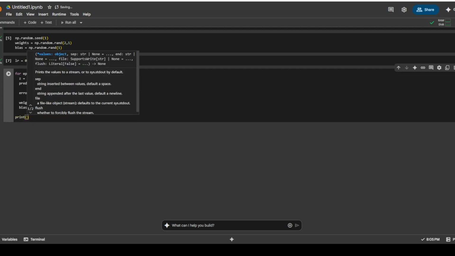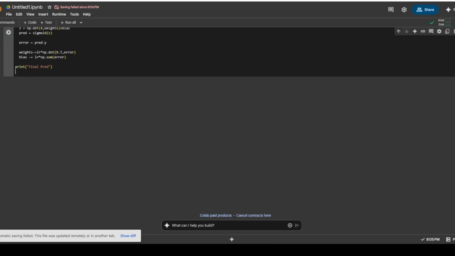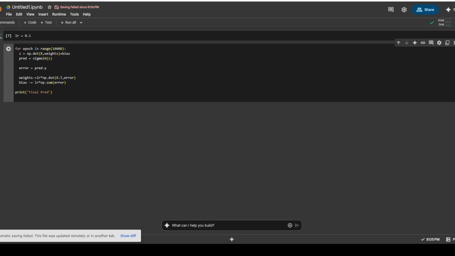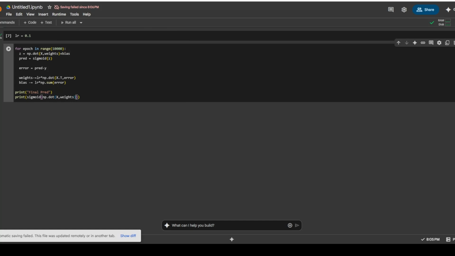Now let's print the final prediction, and now we print the sigmoid of np.dot of our x comma weights plus additional bias.